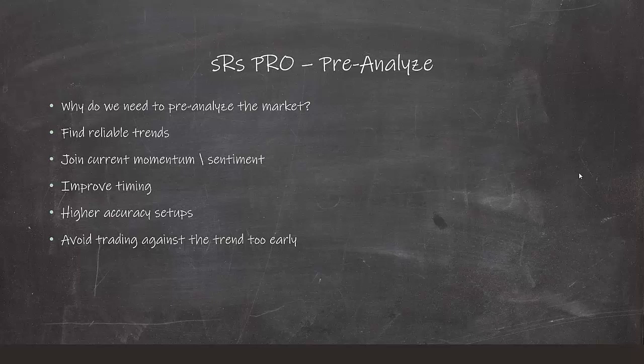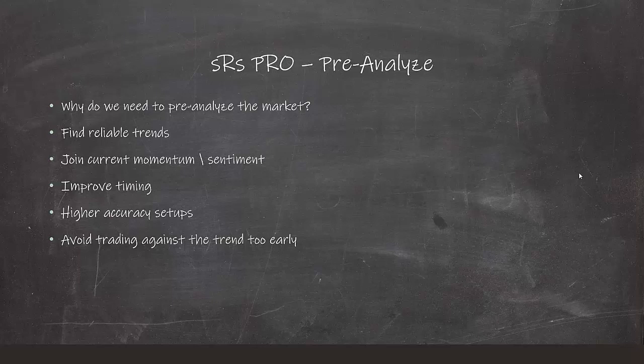It will help you to find the reliable trends, and also it will help you to avoid wrong directions. When you know an instrument is traded clearly in a bearish direction, you know you should be looking for sells, not for buys.